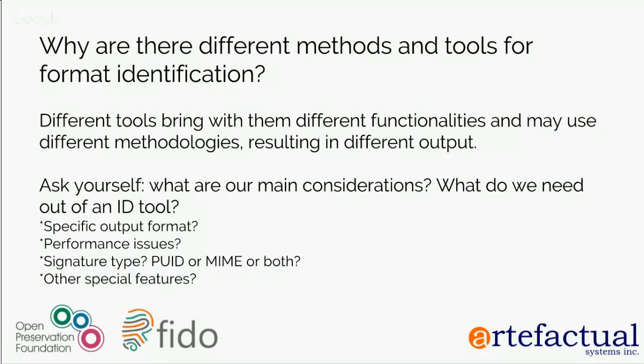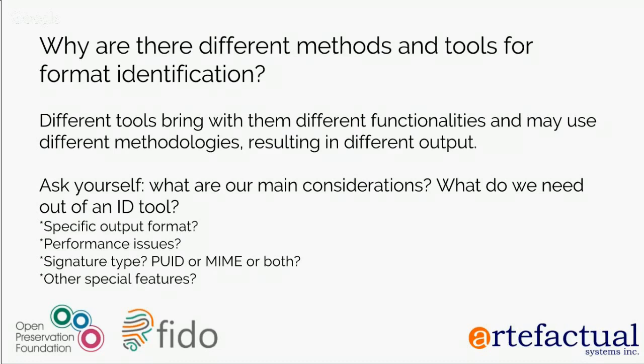If I were choosing between file identification tools, and sometimes in our Archivematica user community we have people doing exactly this, and I'll talk a little bit about what we include in Archivematica and why in a couple of minutes, I would be looking for functionality like the tool output format, and issues around performance, which can be a considerable issue depending on the type of files you're identifying and how quickly you expect things to move.